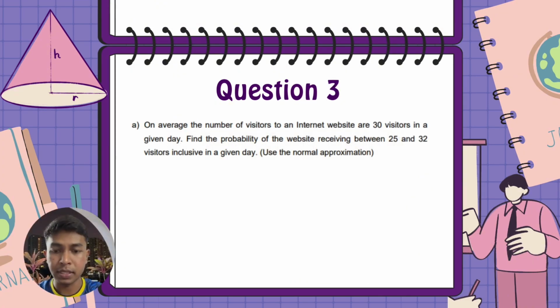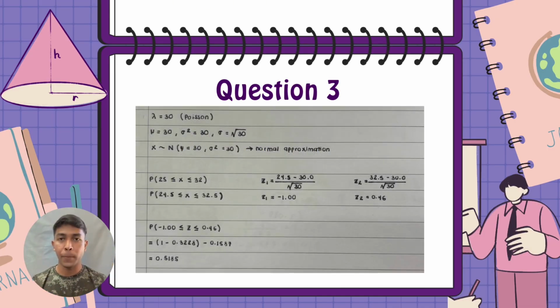For question number 3A, on average the number of visitors to an internet website is 30 visitors in a given day. Find the probability of the website receiving between 25 and 32 visitors inclusive in a given day. Use the normal approximation. Okay, for number 3 part A, the average number of visitors per day is 30.